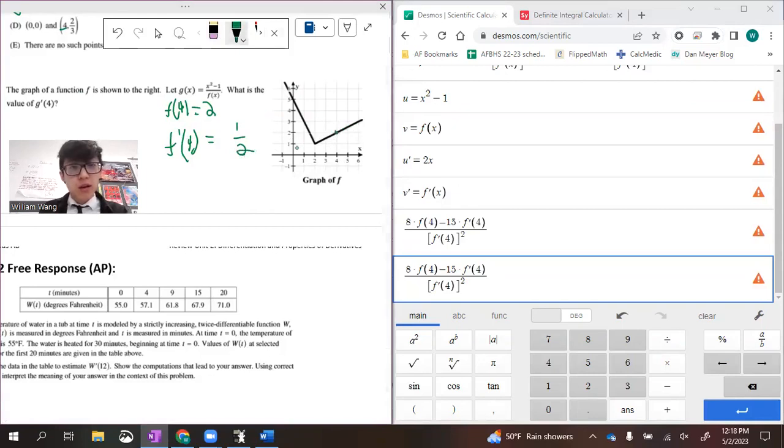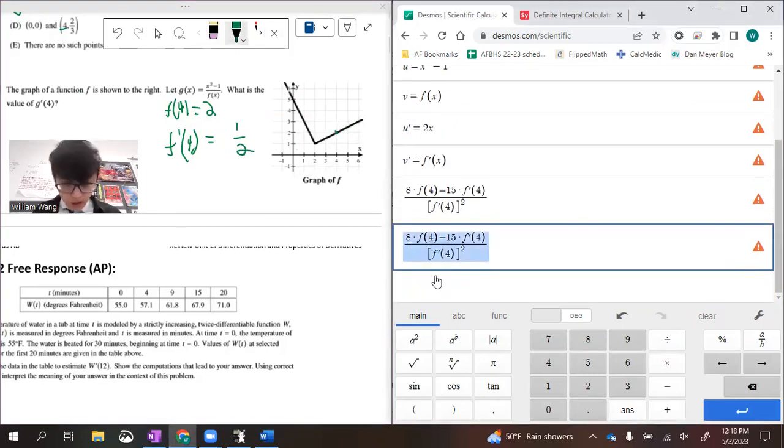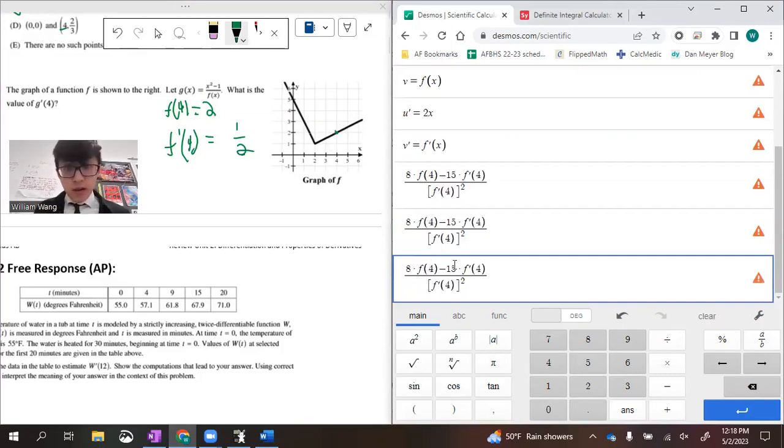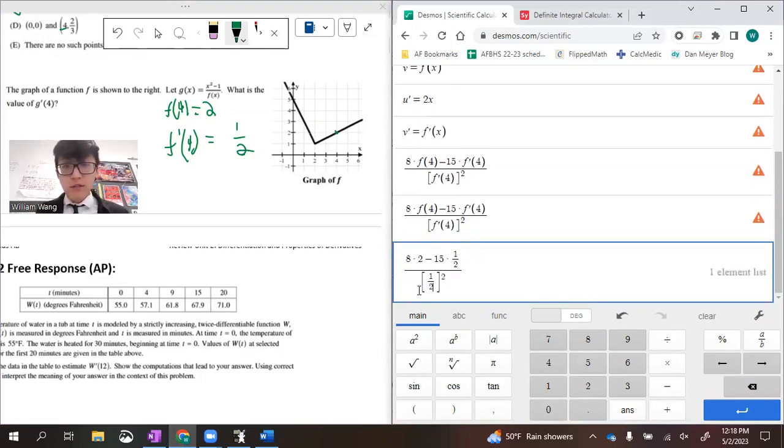All right, so let's just sub in everything. F of 4 is 2. So it's 8 times 2 minus 15 times 1/2, over 1/2 squared. All right, so I got 34.